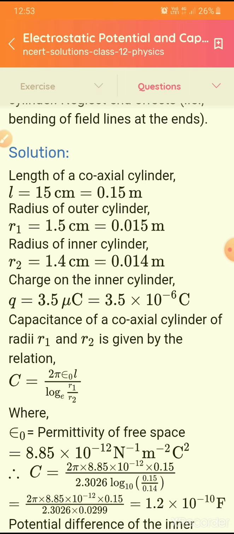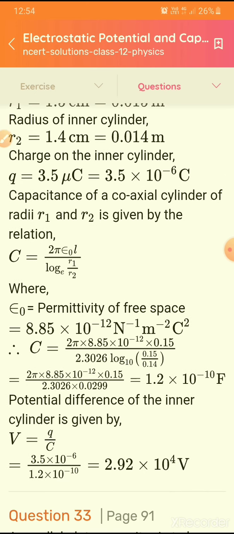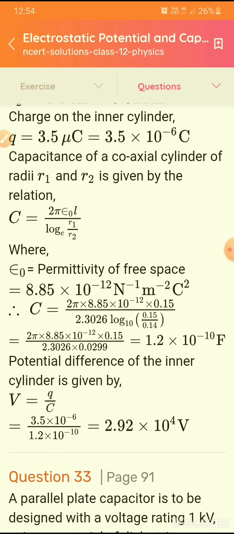So the formula is C is equal to 2 pi epsilon naught L divided by log e of R1 by R2. Epsilon naught is the permittivity of free space, 8.85 into 10 to the power of minus 12 Newton inverse meter inverse square Coulomb squared.